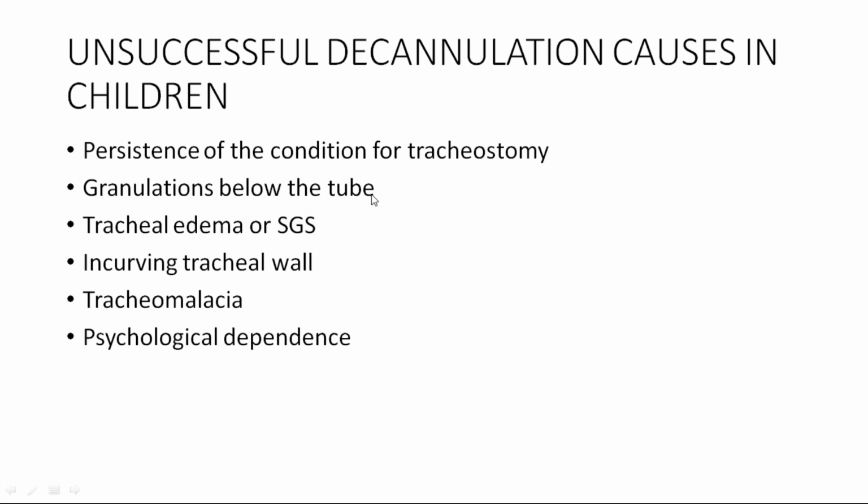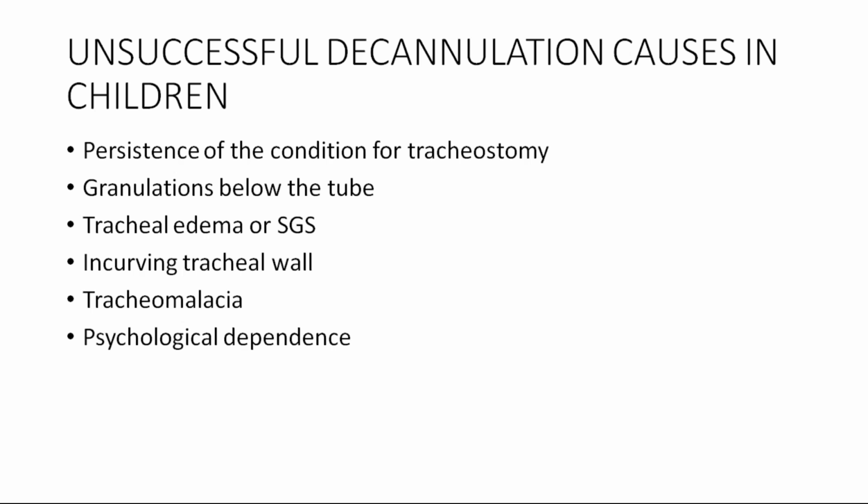There can also be granulations below the tube, which can lead to stenosis in the future, tracheal edema or subglottic stenosis, and incurving of the tracheal wall, as I have said previously. While keeping the tube, incurving of the anterior wall of the trachea can occur, and tracheomalacia, that is collapse of the trachea, like what we have seen in the case of laryngomalacia.